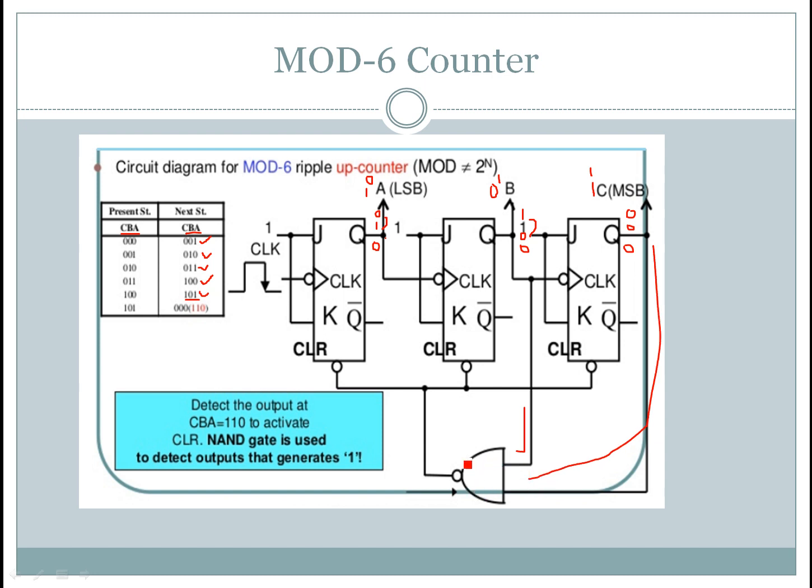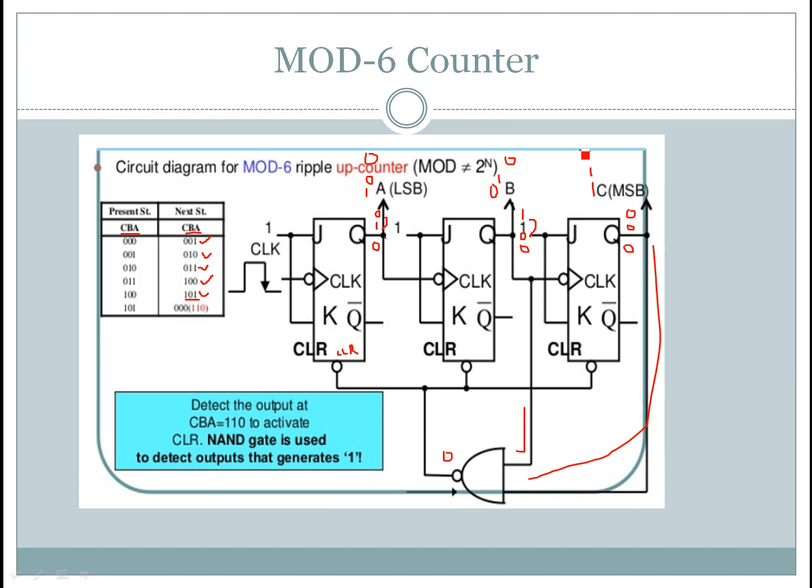So now the output of this NAND gate becomes 0, and that is connected to the clear input of all the flip-flops. So this is the clear input. Now clear inputs are active low inputs, so the NAND gate output is 0, hence all the flip-flops reset, hence all the flip-flop outputs become 0 0 0.